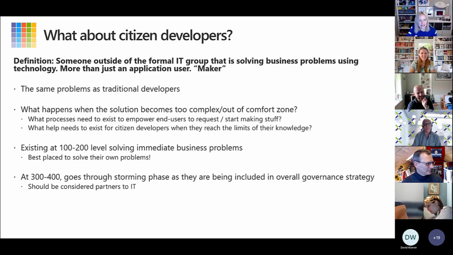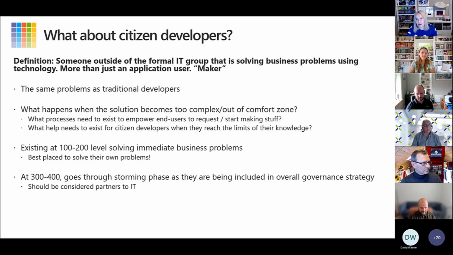So we've mentioned citizen developers a couple of times, and as that approach to customizing and developing is maturing, I think it's crucial that the role of citizen developers becomes well understood. Typically, when we use this term, we're talking about people who don't work in IT. They sit in different parts of the business, using technology to solve their own problems.